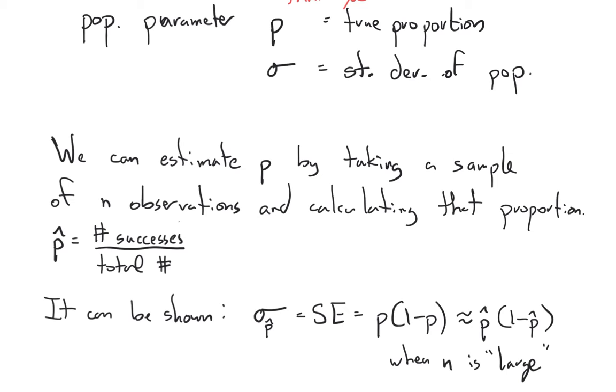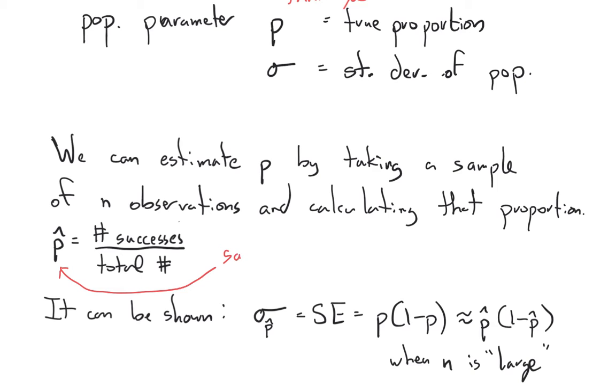Now, just like with other sampling distributions, the idea is we're going to take a sample of n things, and we are going to estimate our parameter by our sample. So we're going to estimate the true population proportion by taking a sample of, say, n observations, and we can calculate this sample proportion here, just from our sample.